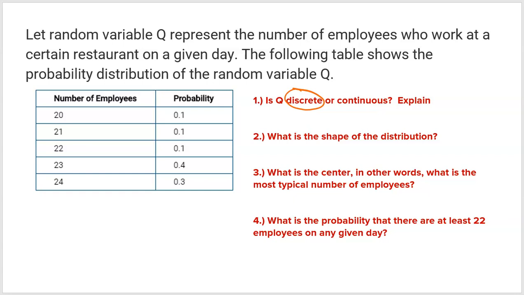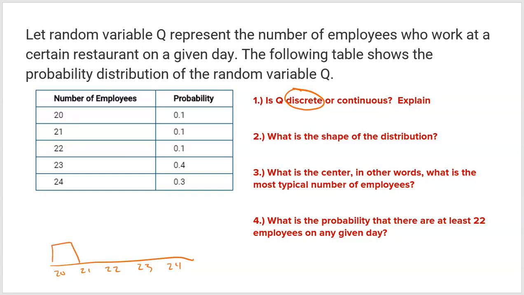What is the shape of the distribution? Well, check this out, right? This is actually pretty easy to do and think about. We could make a list down here, 20, 21, 22, 23, 24. And think about that. 20 is 10%. 21 is 10%. Oh boy, I'm doing a really bad job at making this. I gotta refix this. Sorry about that.